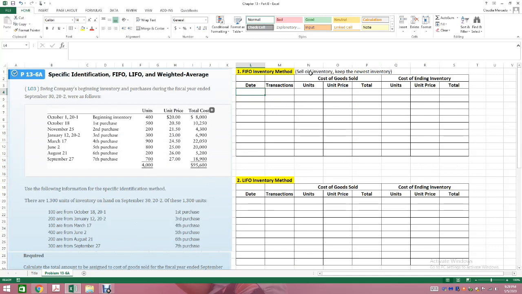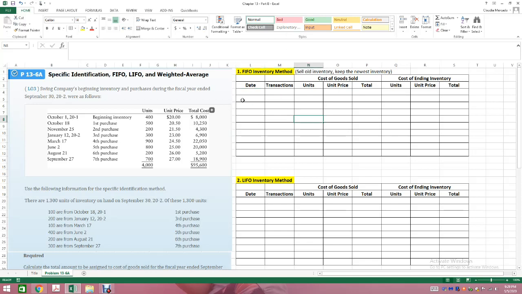So we're going to sell the old and keep the new. Let me just do a quick calculation here on my calculator. Okay, so I've got it.